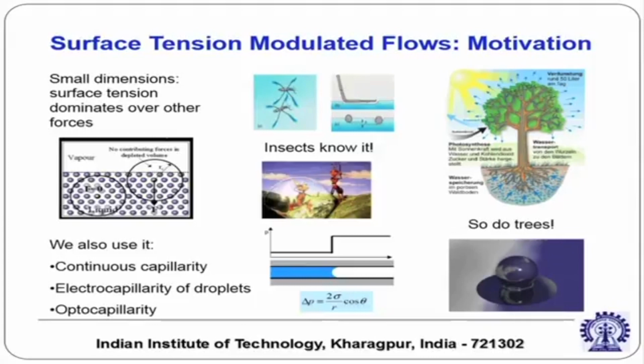So, there are many examples where surface tension forces are important, like one can use surface tension force to manipulate droplets and bubbles, and these droplets and bubbles are also very important in microfluidics based applications.